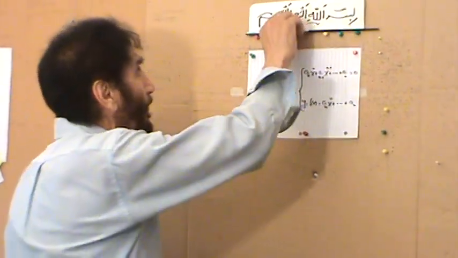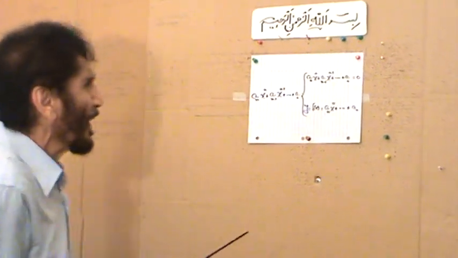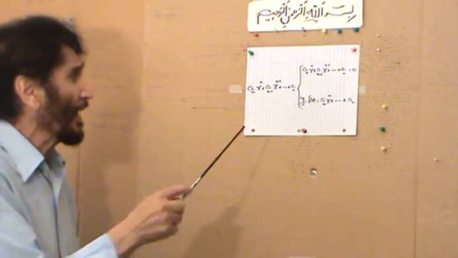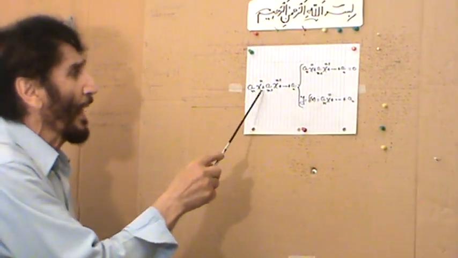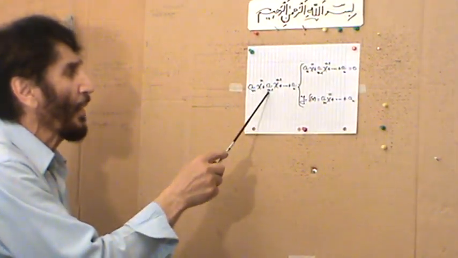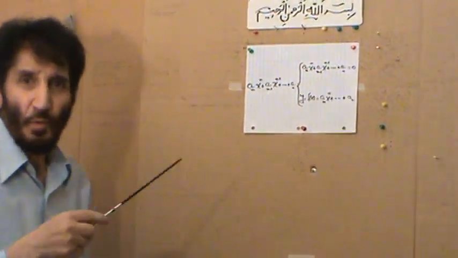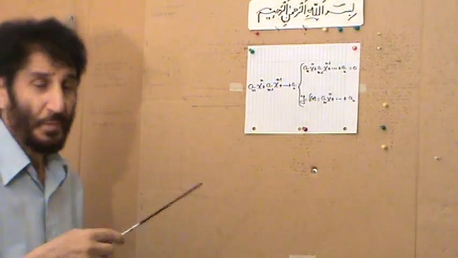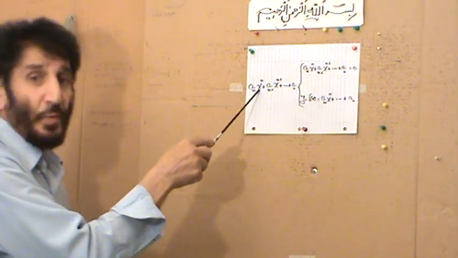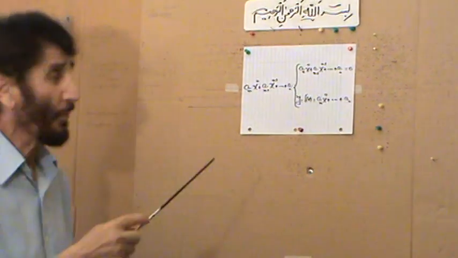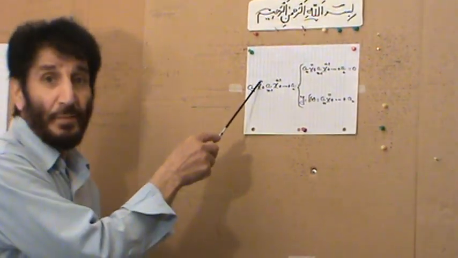Now here, a polynomial is an expression in this form: a_n x^n, a_(n-1) x^(n-1), and so on. a_n is a numerical coefficient that goes with this particular power of x.